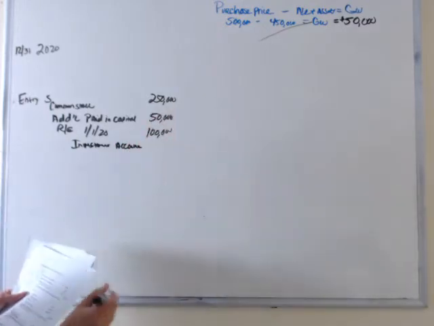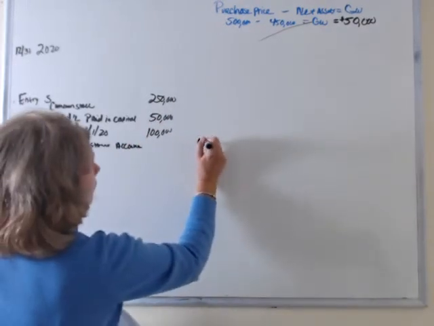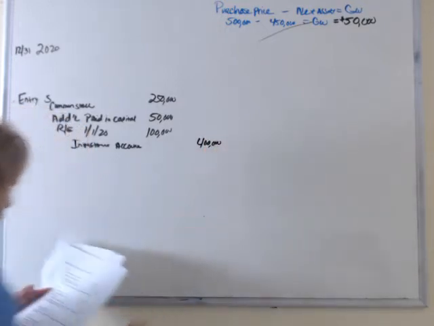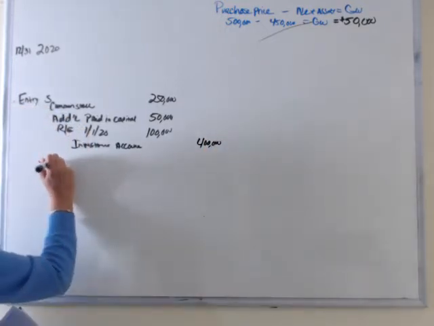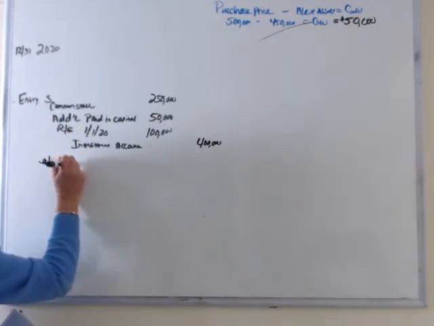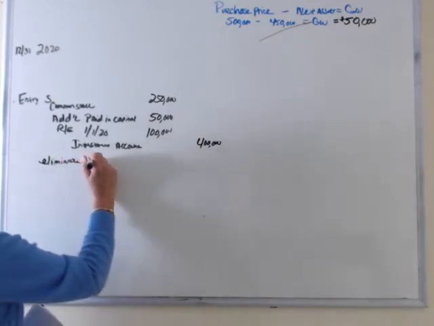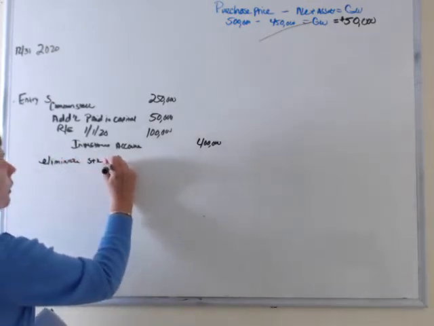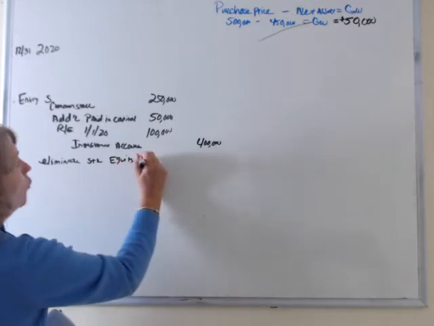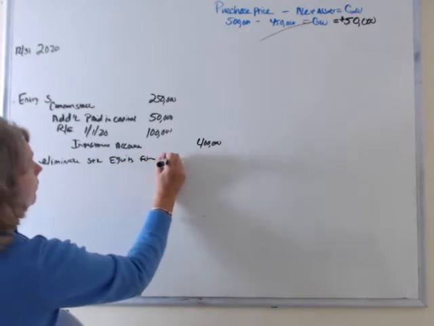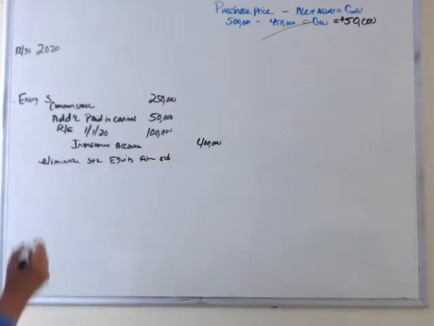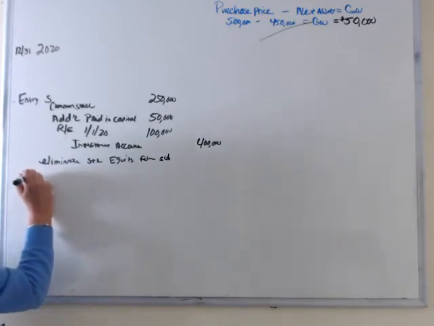That totals 400,000. What's the reason? We're going to eliminate stock equity for sub.